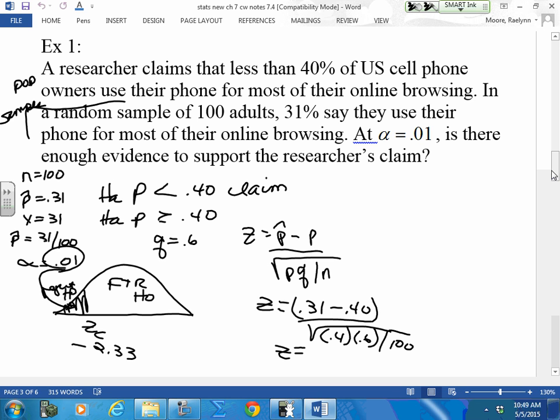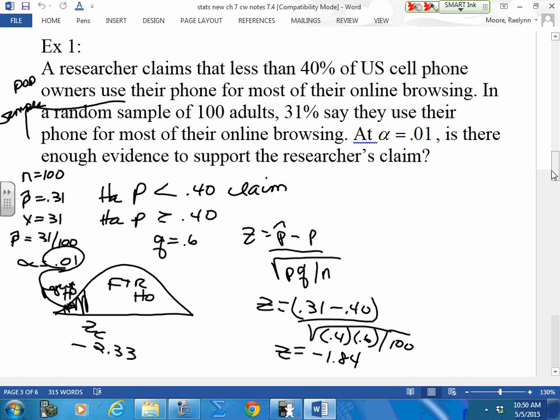Like a negative 1.837. So negative 1.84. Z-scores will be 2 decimals, right? And it doesn't really matter, you're in the ballpark. You're fine with whatever you round to.